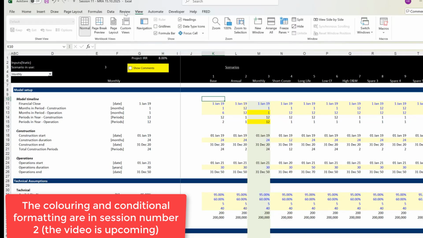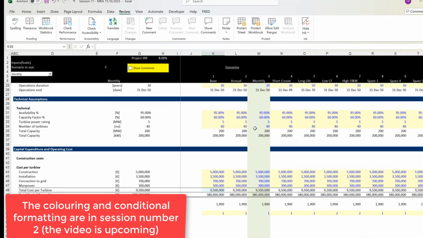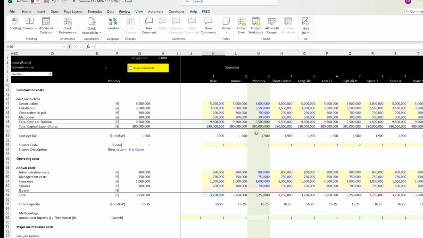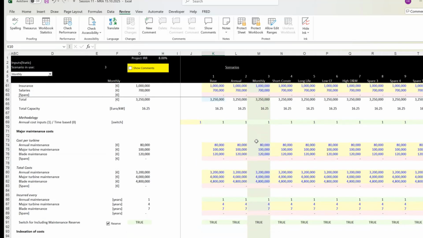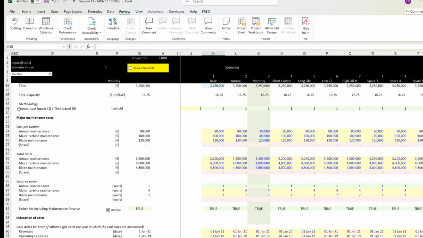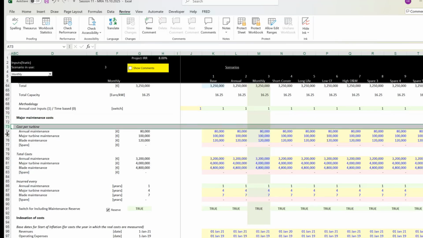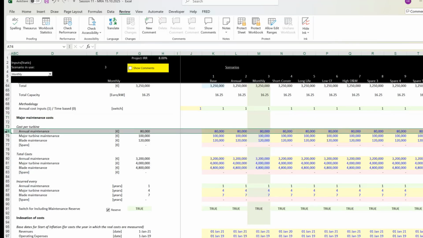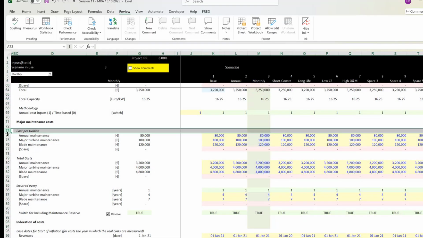If you go down a little bit, Eddie, right down there, do you see where it says major maintenance costs? This was so artificial, it's kind of ridiculous. This was supposed to be a wind project, and they had annual maintenance, and then a major maintenance expense down there in line 81.